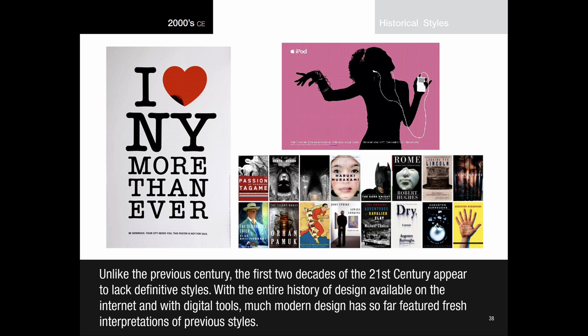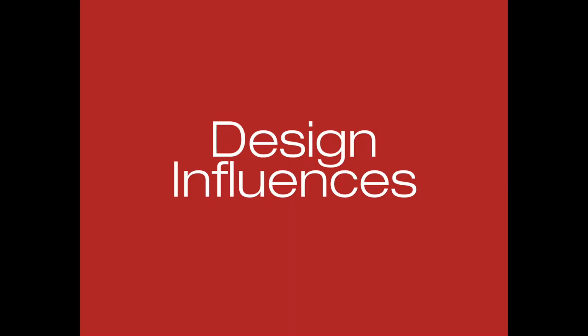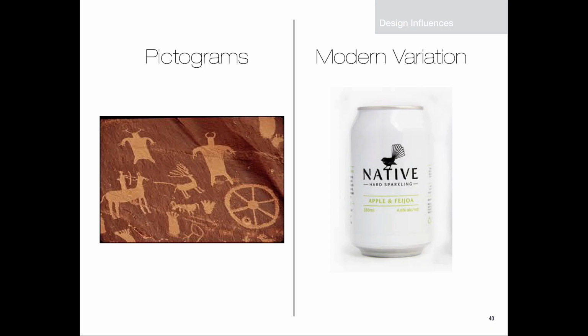And you'll notice on his heart in this poster, the bottom lower portion of it has been charred. So that's kind of a metaphor for the area of New York that was attacked. And so this poster was put out in the aftermath of that. Where design goes from here, it's hard to tell. But you can see influences of all those styles in contemporary design.